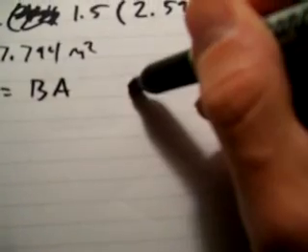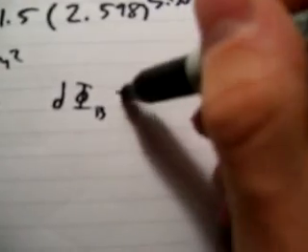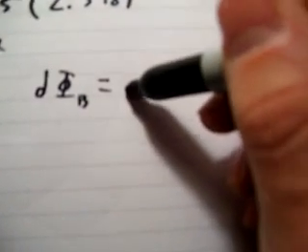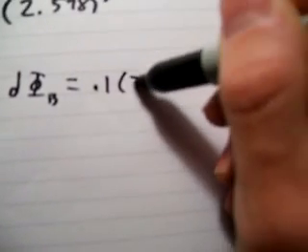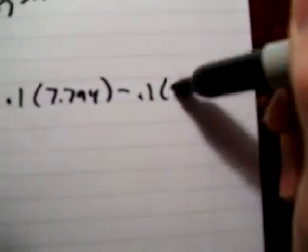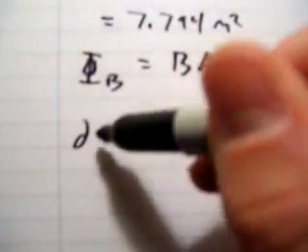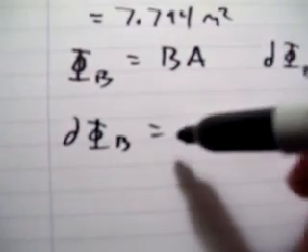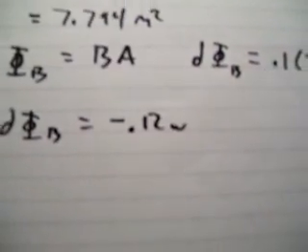So if we want to find the change in magnetic flux, since magnetic flux is BA, we can say that it is 0.1 times the final area, 7.794 meters squared. Subtract that by 0.1 times the original area. And so we get our change in flux to be negative 0.12 Weber.